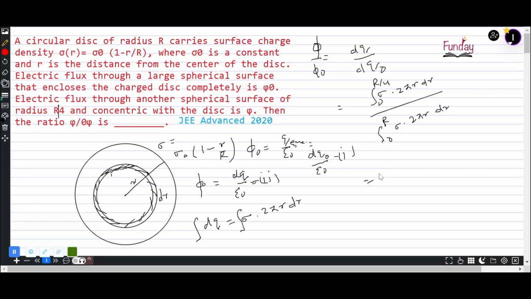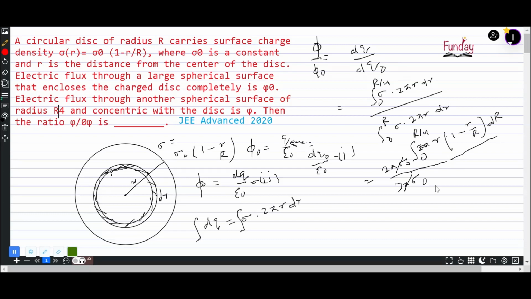So that means 2 pi sigma is common. Okay, now sigma is a function of r. We know that. Okay, so we'll put this as sigma 0, so 2 pi sigma 0 cancels out. And in integration, we have r into the inside of the sigma thing, (1 minus r over R) dr, from 0 to R by 4.